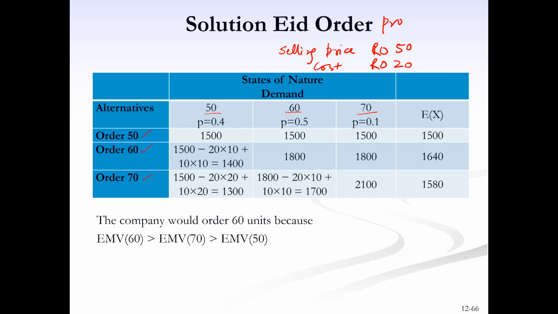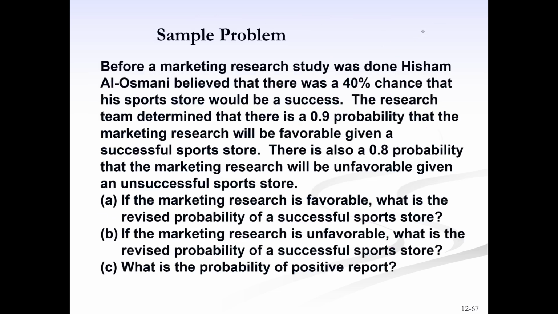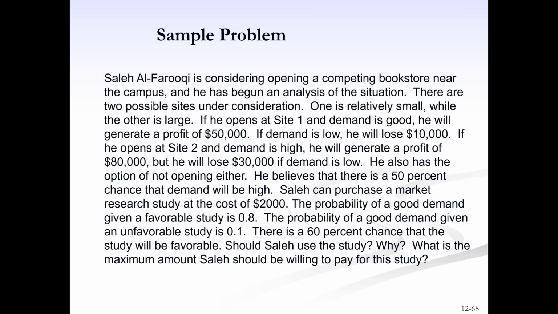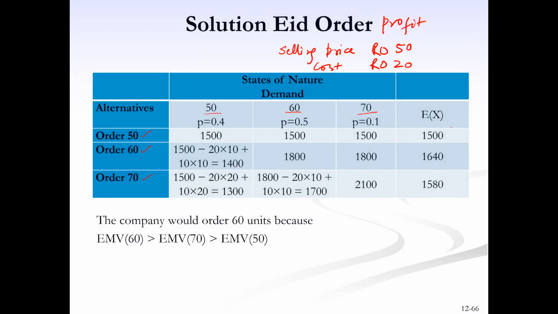So the payoff, the profit per unit, is equal to Riyal 30. Riyal 50 per unit selling price, and 20 Riyal cost per unit.